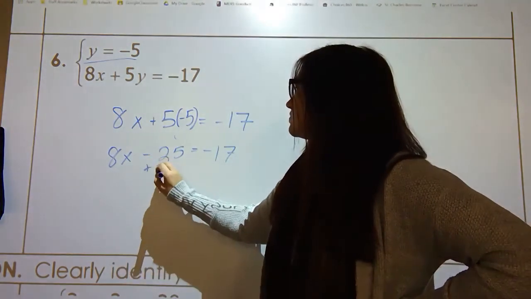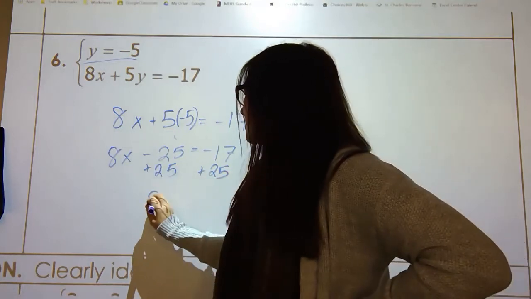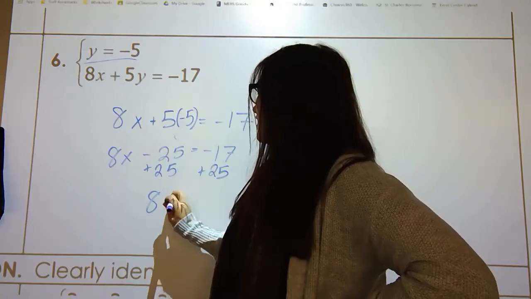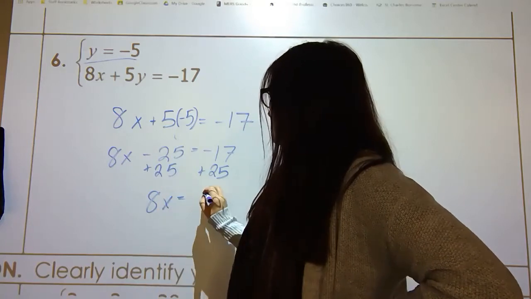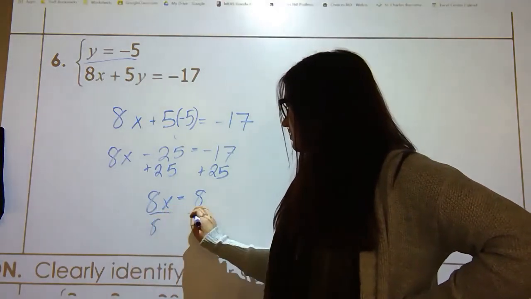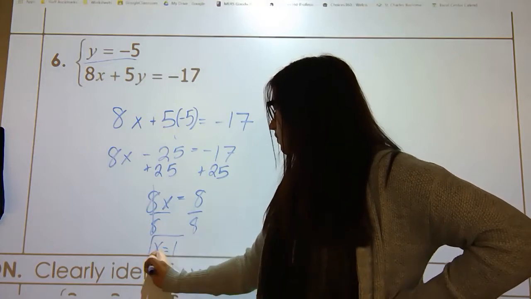I'm gonna add 25 to both sides. So I get 8x equals 8. And then I divide each side by 8. X equals 1.